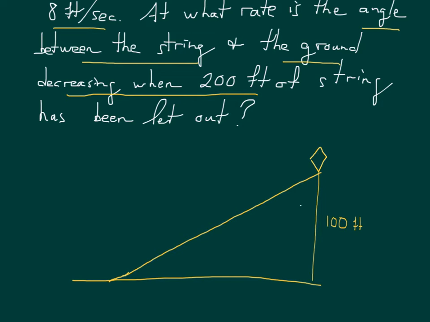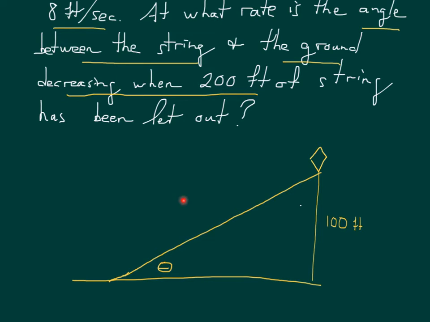The angle between the string and the ground is this angle right here, so we'll call that theta. And our question is, at what rate is theta changing with respect to t? In other words, what is d theta dt when 200 feet of string has been let out? In other words, when this side of our triangle is 200 feet.